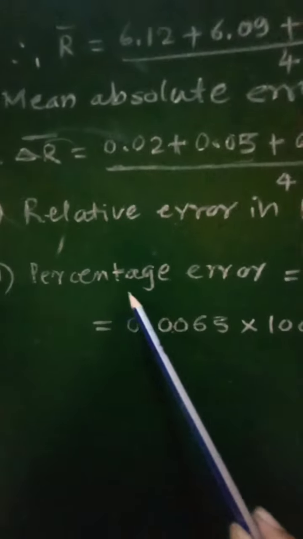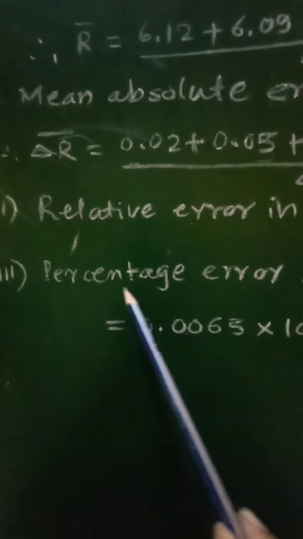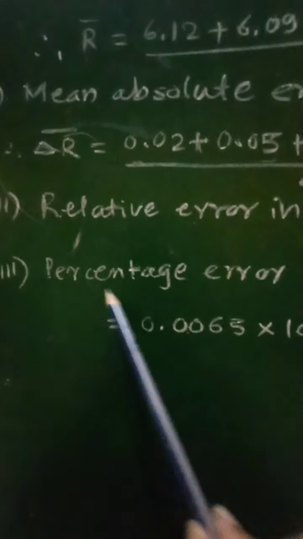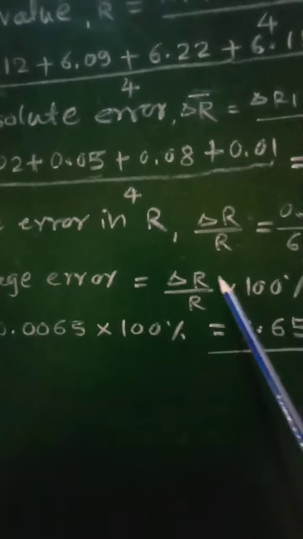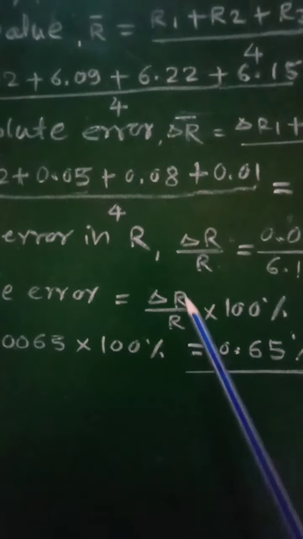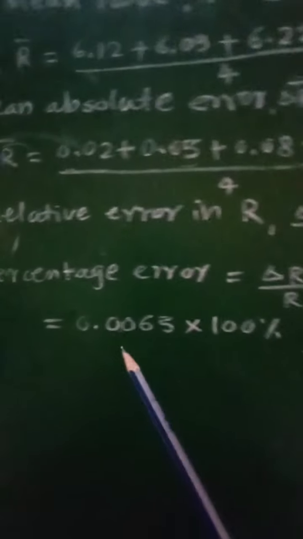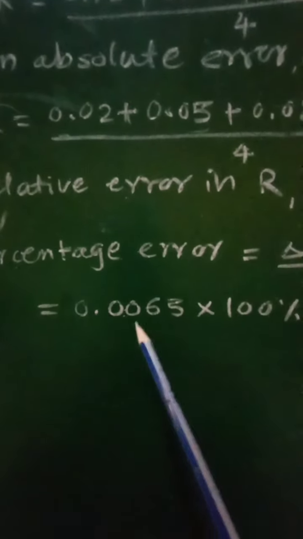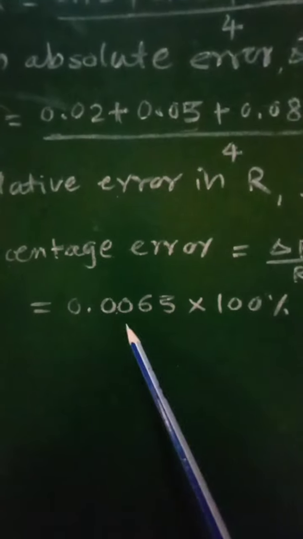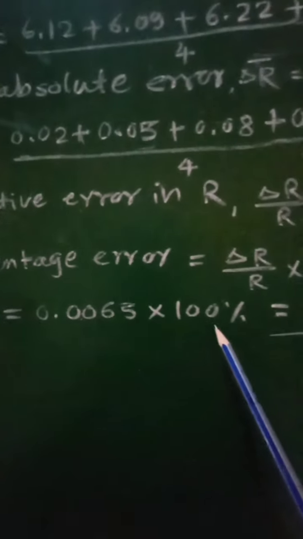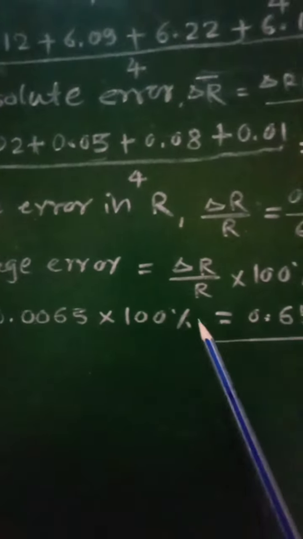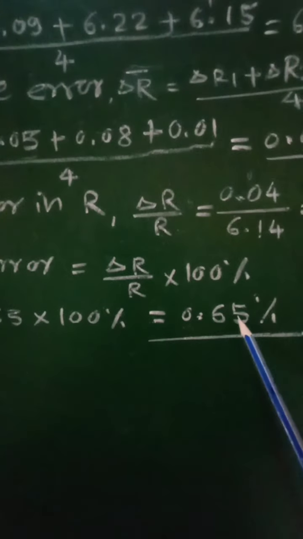And then finally we have to find out third, percentage error in the measurement of resistances. Percentage error is equal to relative error into 100%, that is delta R upon R into 100%, that is equal to 0.0065 into 100%, which comes out to be 0.65%.